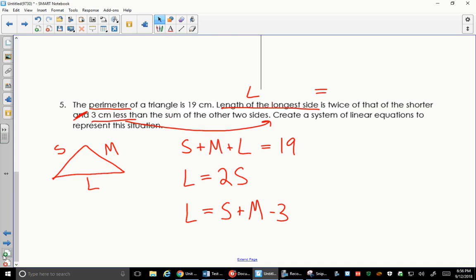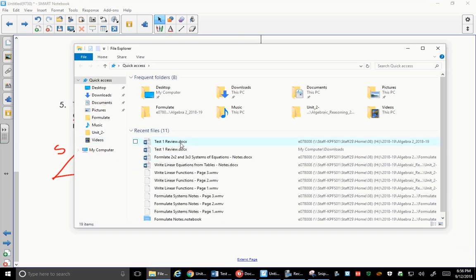Okay, so some of the things that I can definitely tell that were not gone over in this review would be mixtures. So let's take a look.